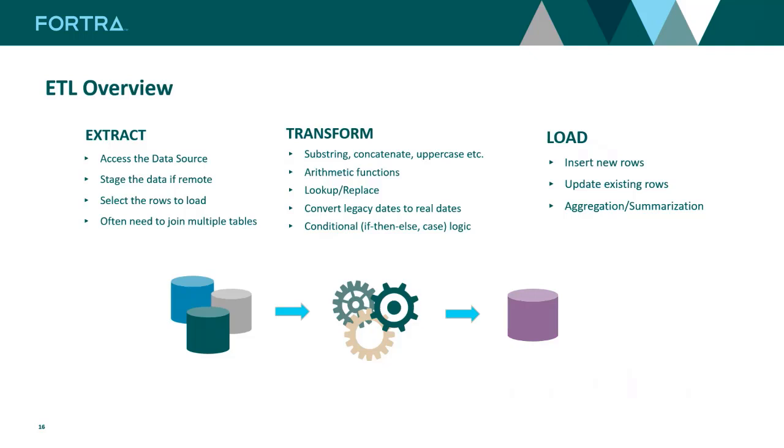And that's usually composed of string operations on character data, calculations on numeric data, lookup and replace functions, date conversions, conditional logic, and much, much more. The last step is to load the transformed data into the target data warehouse table or tables, inserting new rows and updating existing rows.